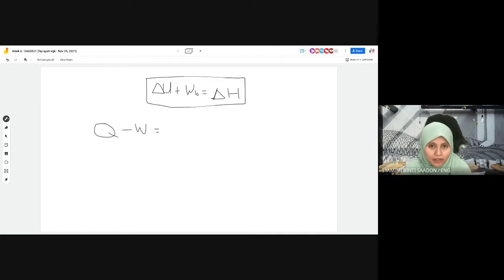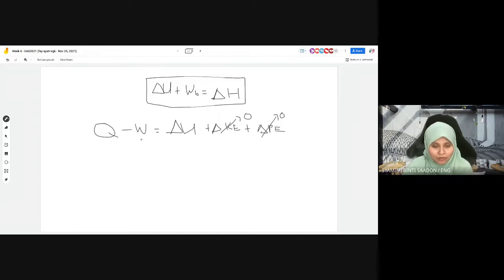And we have delta U, the change in internal energy, the change in kinetic energy, plus the change in potential energy. But here we assume both of these are zero. There is no kinetic energy and there is no potential energy.